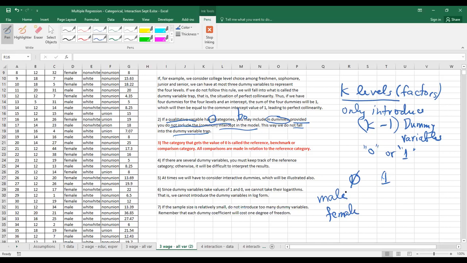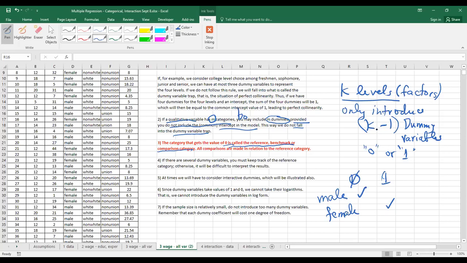Okay, sabihin natin si male ang gagawin natin 0. Therefore, si female will be 1. So, ang sabi dito guys, the category that gets the 0 value is called your reference or benchmark or comparison variable or category.